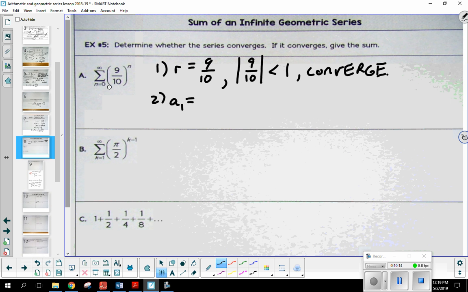The lower boundary is 0, so I'm going to plug that in here. So 9/10 to the 0 is 1. Okay, so we have everything we need. The infinite sum is the first term divided by 1 minus r. The first term is 1 over 1 minus 9/10.